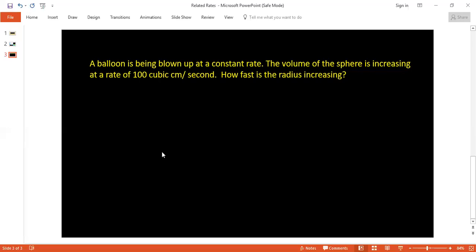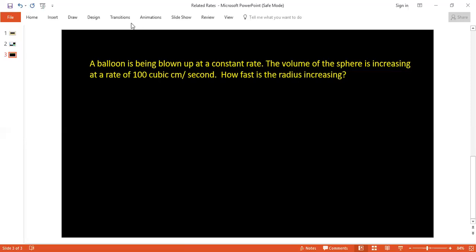Okay, in the first problem, it says a balloon is being blown up at a constant rate. And let's just say the balloon is going to be a perfect sphere. The volume of the sphere is increasing at a rate of 100 cubic centimeters per second. How fast is the radius increasing?